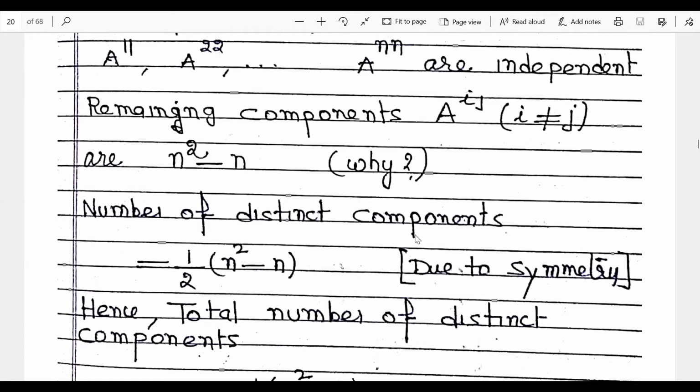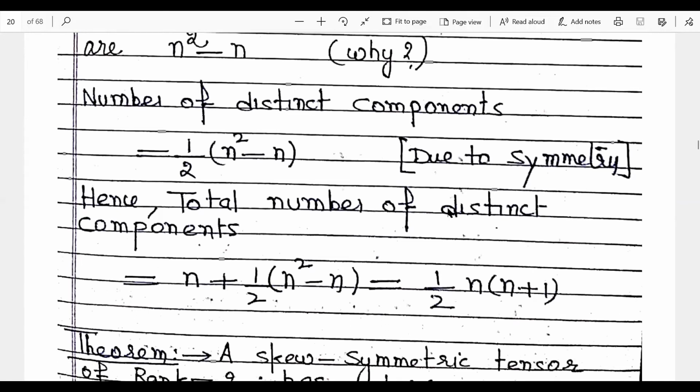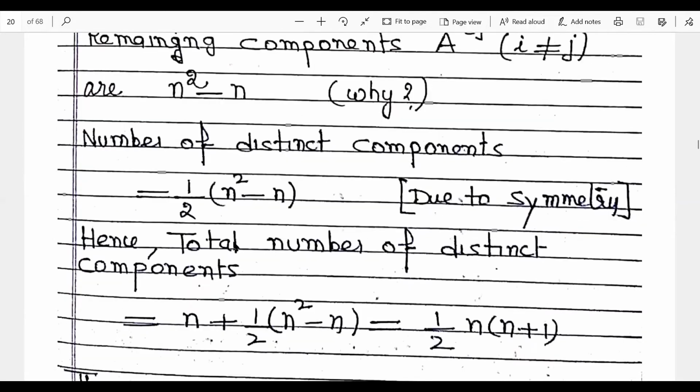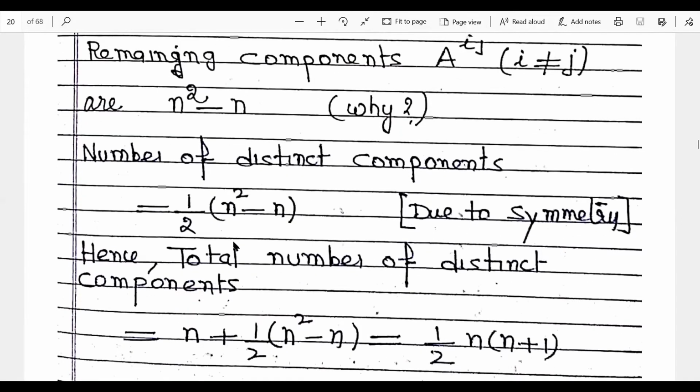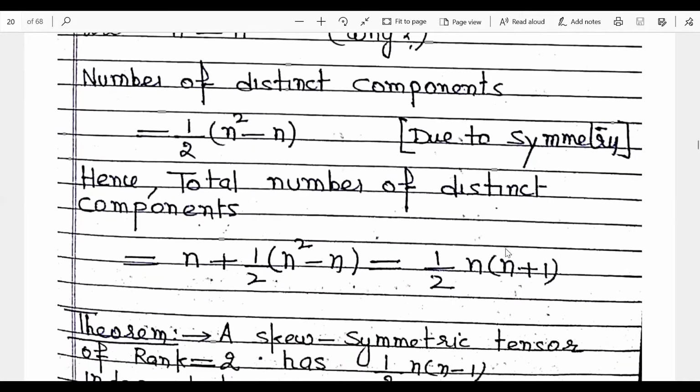Then the total number of distinct components is n plus 1/2 (n square minus n), which is equal to 1/2 n(n+1). So this is our result.